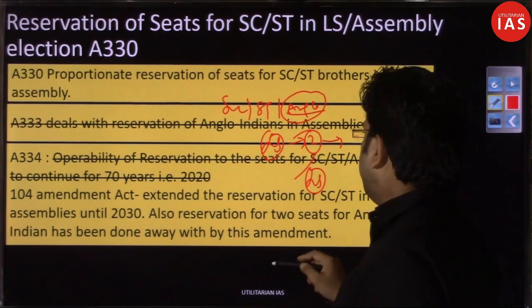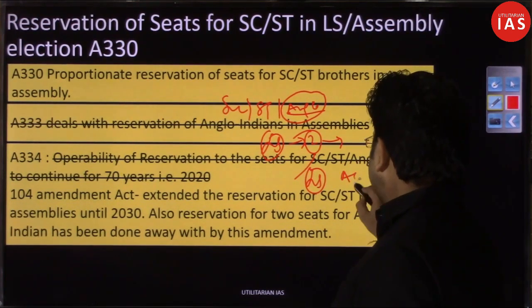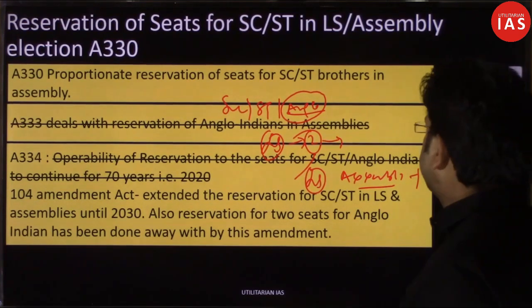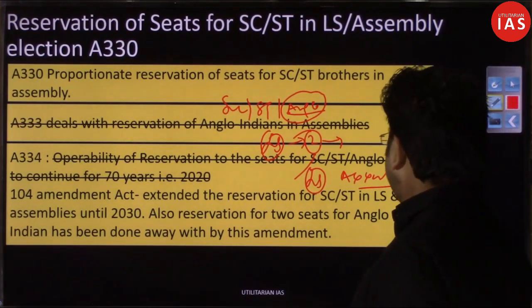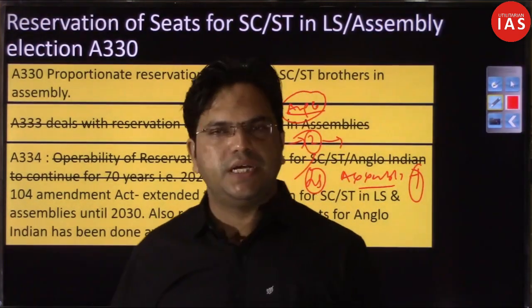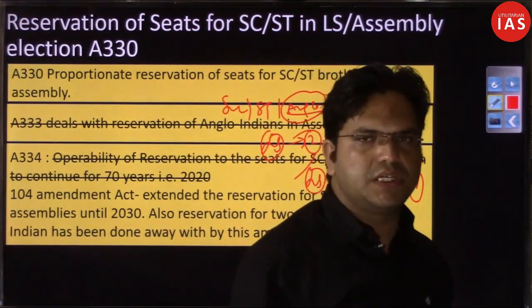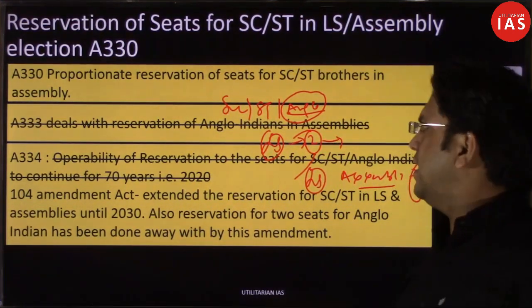And in the assembly as well, the governor has the power to nominate 1 member from the Anglo-Indian community if, in the governor's opinion, this community does not have adequate representation in the assembly through the election, right.